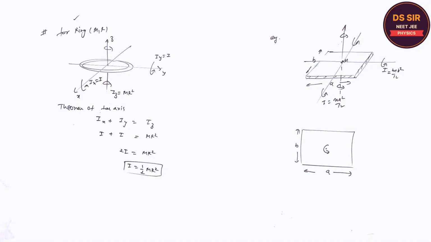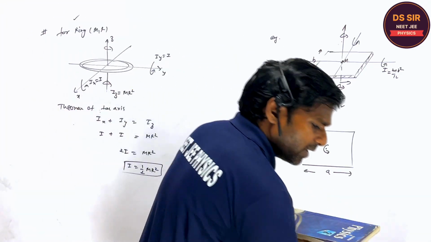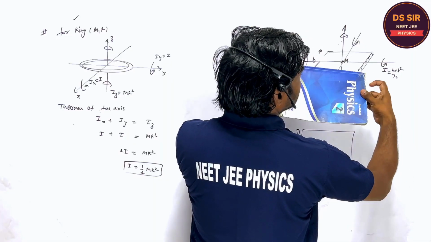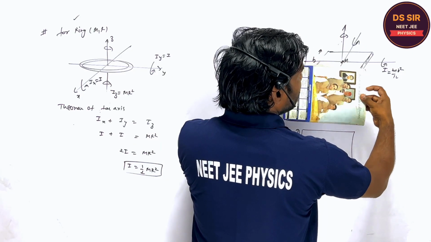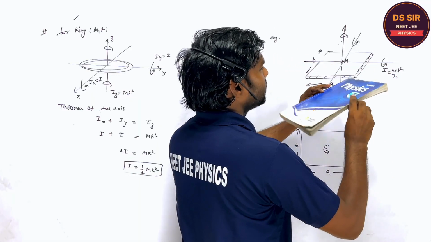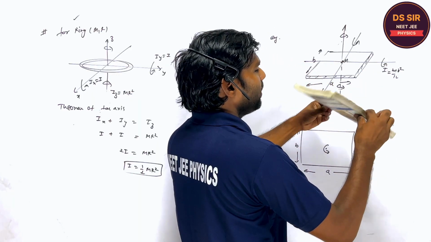Okay, listen to one thing. If this is the rectangular lamina, the moment of inertia about this axis is Mb square by 12. Is it clear? And about this axis, it is Ma square by 12.